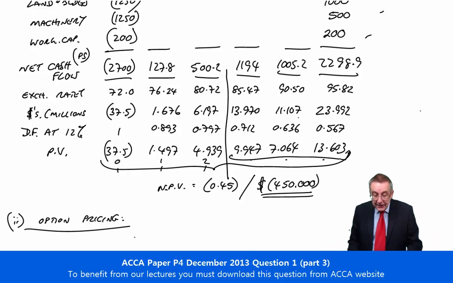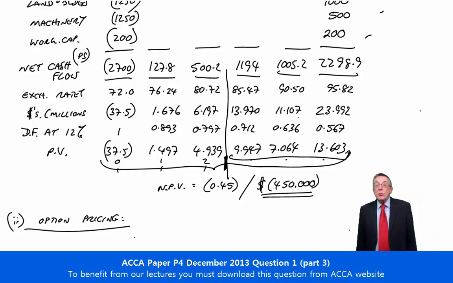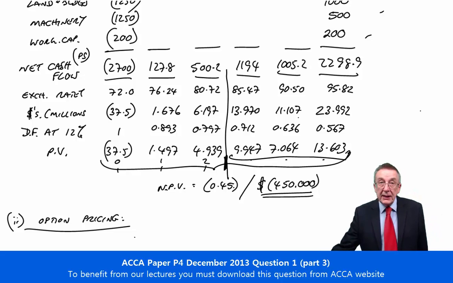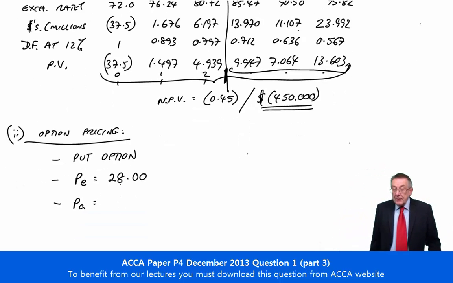At the end of second year, at time 2, we'll have the choice about whether to continue or to sell. Well, selling gives us 28 million. What is it we're selling?